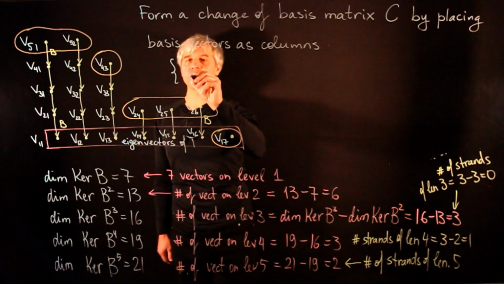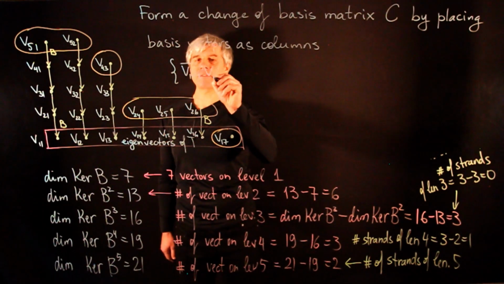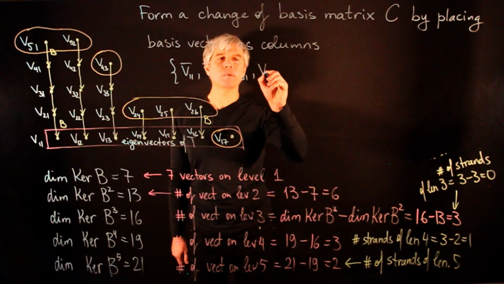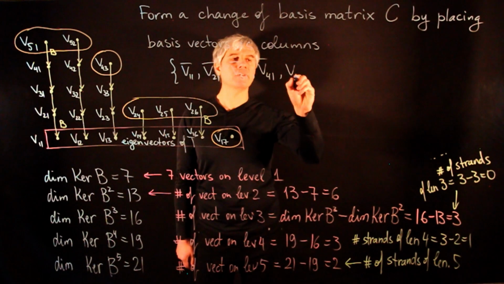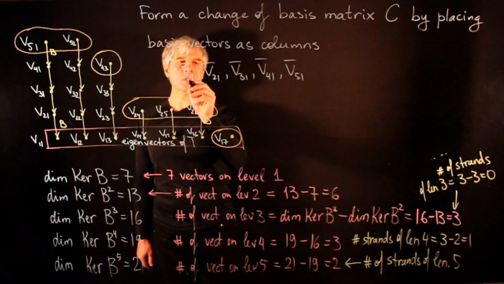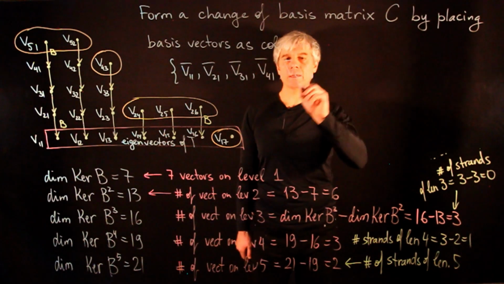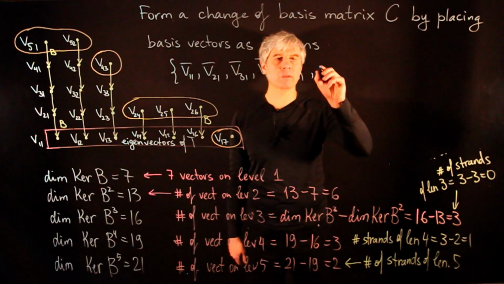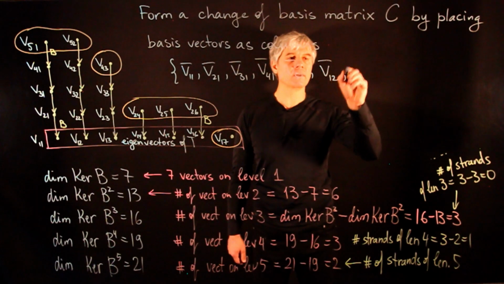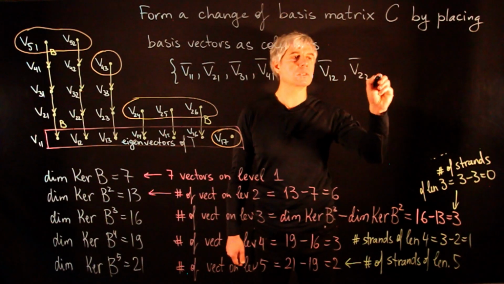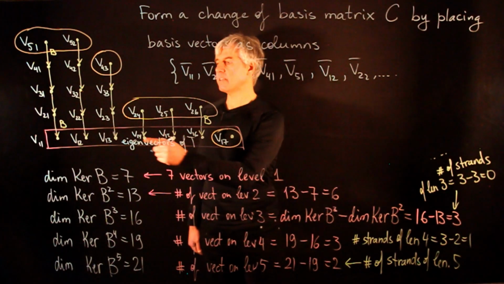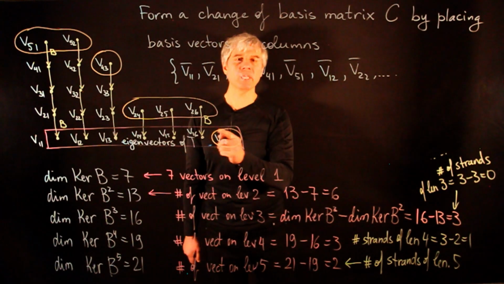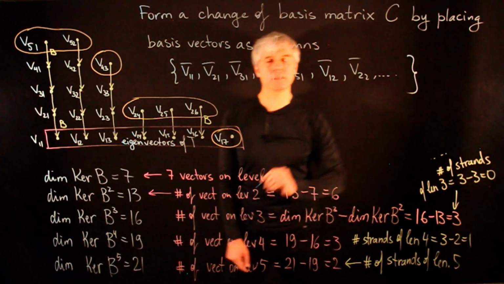So we will start with v11, then we have v21, v31, v41, v51. So these are the vectors in the first strand. Then we start with the eigenvector of the second strand. We take v12, v22, and so on. By listing vectors in each strand starting from the bottom, we will obtain this change of basis matrix.